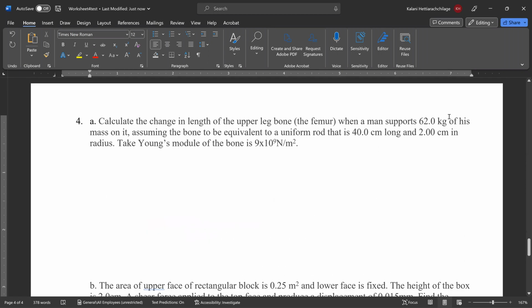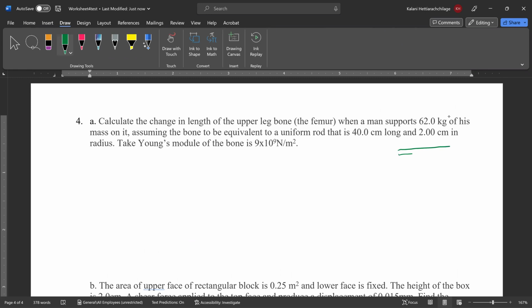So now let's move into number 4. Calculate the change in the length of the upper leg bone when a man supports 62 kilograms of his mass on it. Assume the bone to be equivalent to a uniform rod that is 40 centimeters long and 2 centimeters in radius. So we're going to assume your bone is a cylindrical shape which has the length and the r given in the question, right?